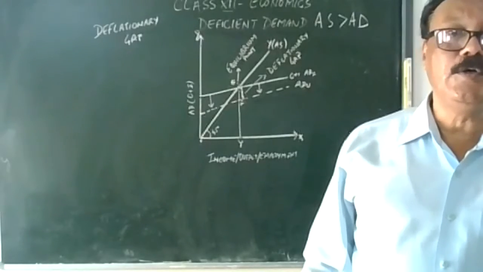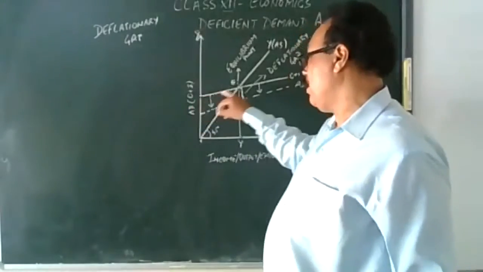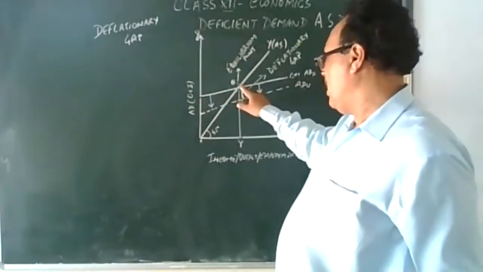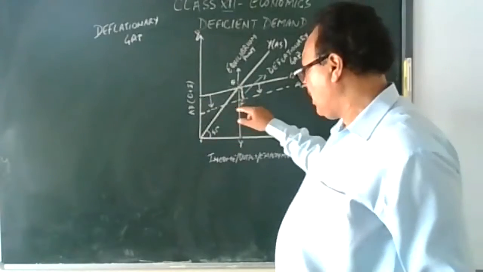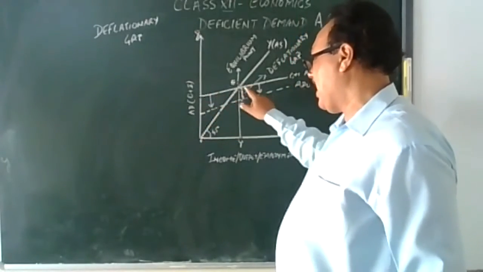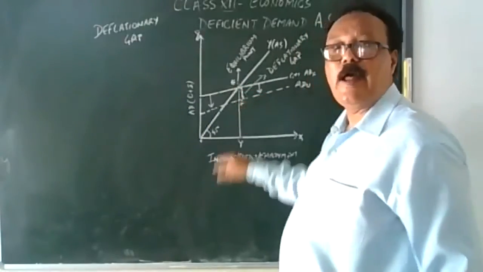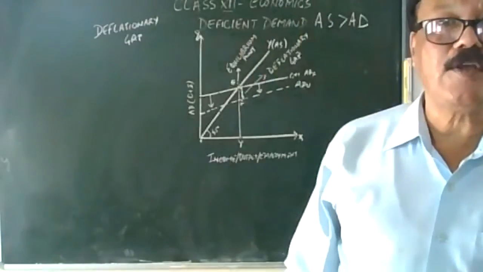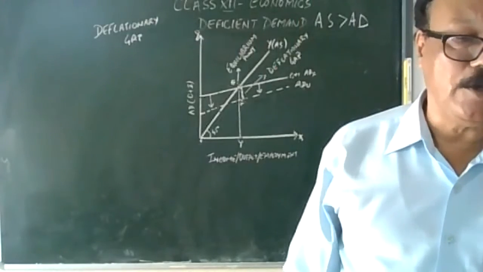Because due to a decrease in the investment expenditure, the AD curve shifts downwards, and the gap which is created between the original AD and the new AD is called the deflationary gap.